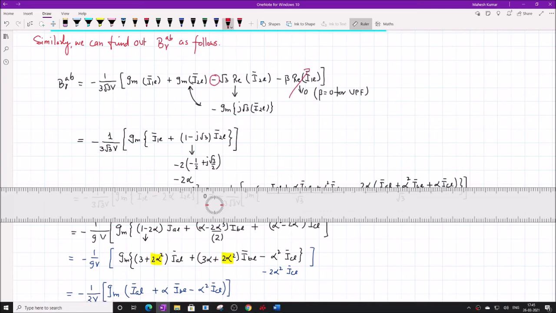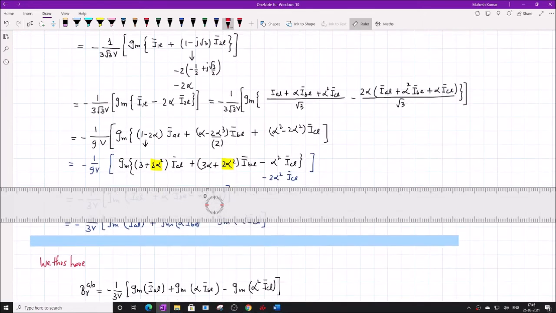This is 0 because beta is 0. We assume unity power factor operation. And we simplify this. So therefore this becomes 1 minus j root 3 because of the minus sign. And 1 minus j root 3 is equal to minus 2 alpha. Earlier it was 2 alpha square, now it is minus 2 alpha because of minus j root 3. Okay, expand these terms.